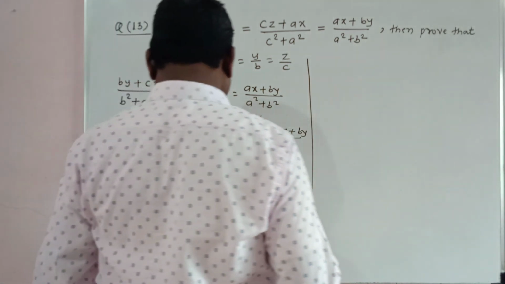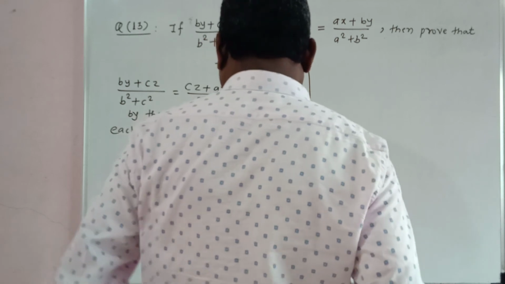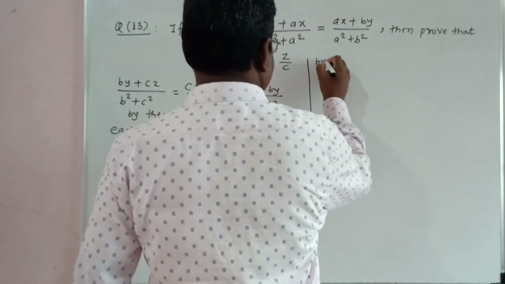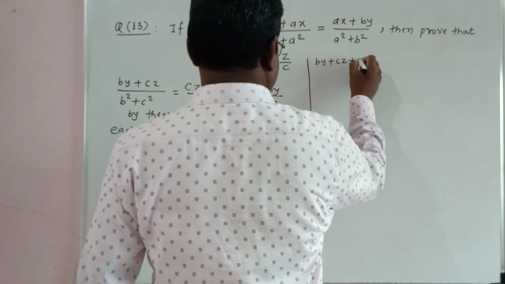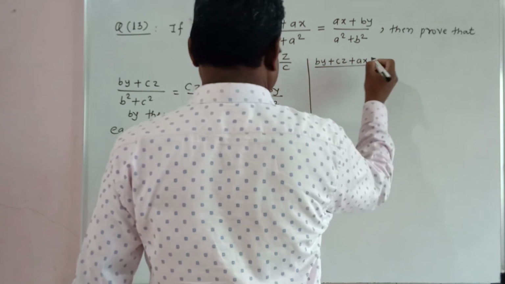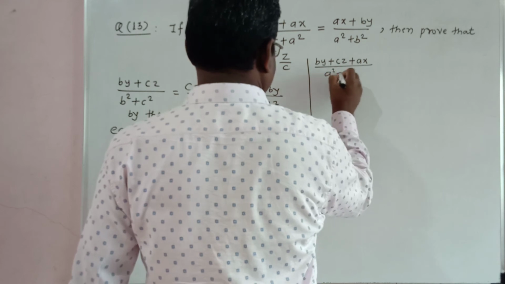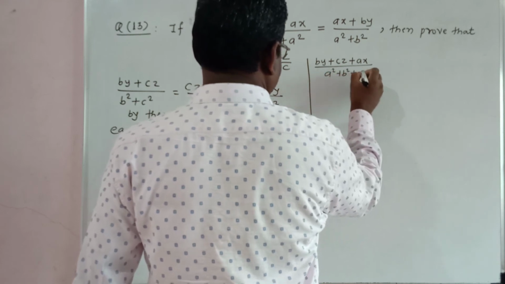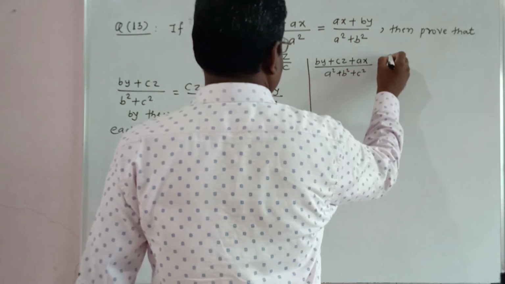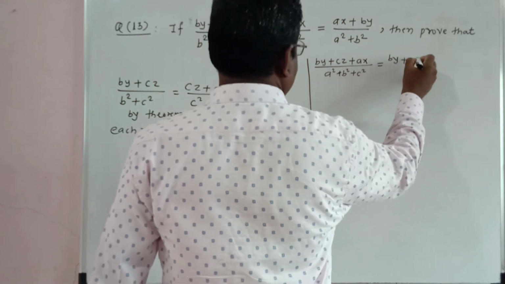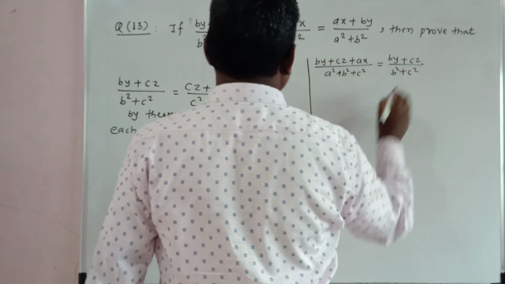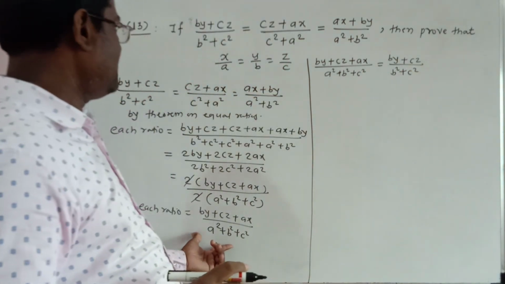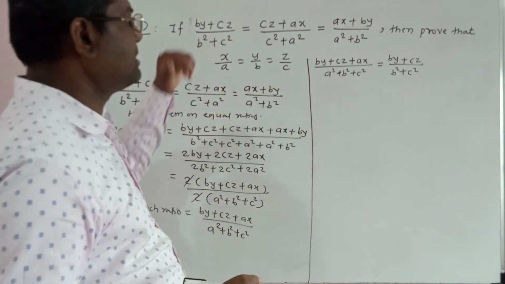Now (by plus cz plus ax) upon (a square plus b square plus c square) is equal to (by plus cz) upon (b square plus c square). This ratio is equal to this ratio.